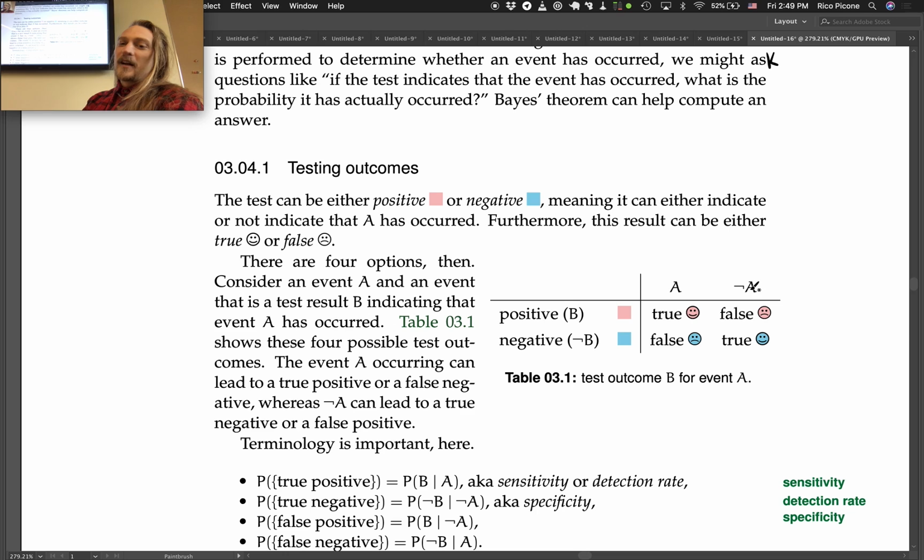You might not be pregnant, and the test says you're not, so that's a true negative. If the test says that you are pregnant when you are not pregnant, that's a false positive. And when you are pregnant and it says that you're not pregnant, that is a false negative.